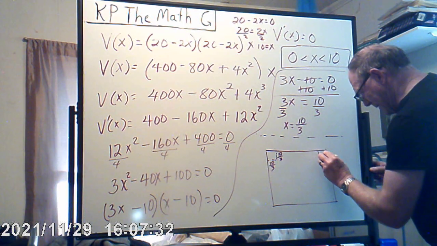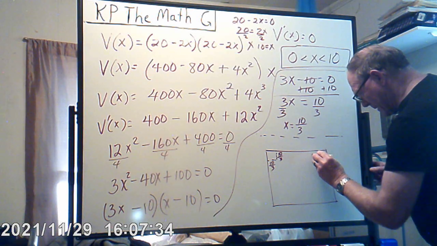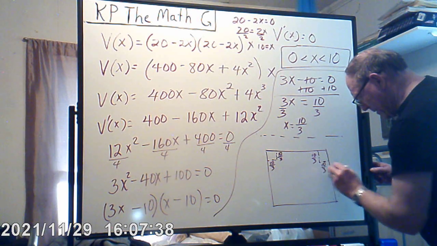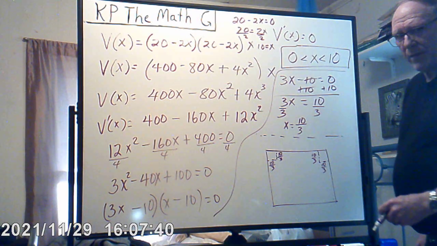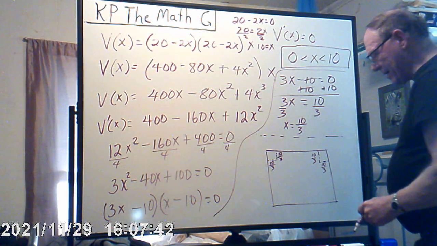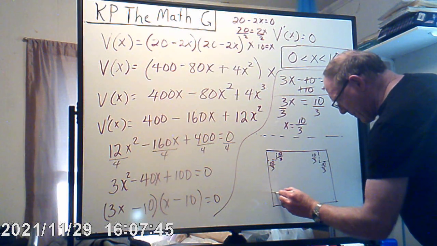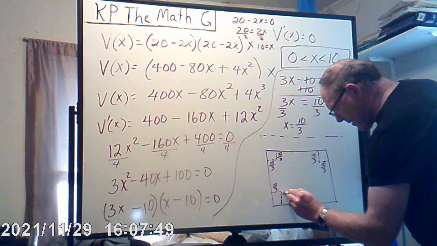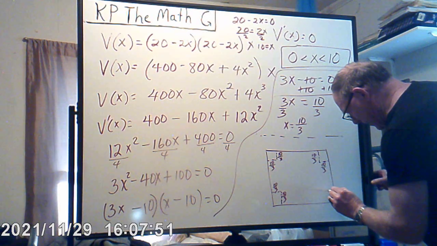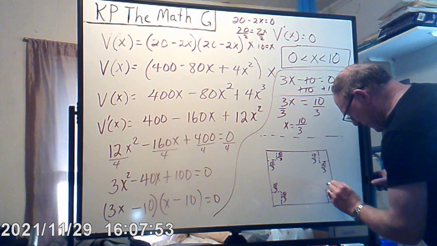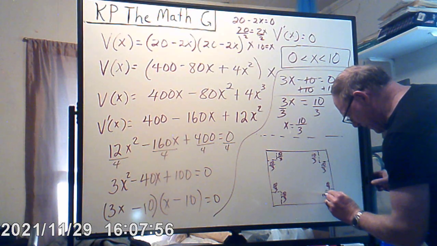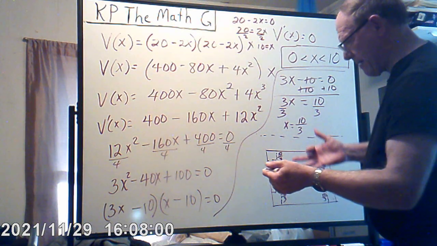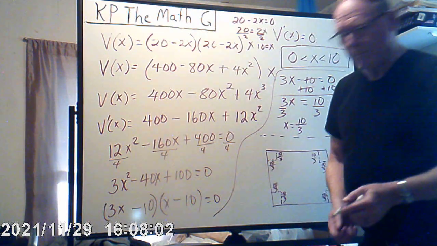And this x as well. To get the maximum volume, you cut out 10/3 of an inch. Okay, and again right here, same thing. 10/3, 10/3, and then right here, 10/3 and 10/3. And this is going to give us the maximum volume.